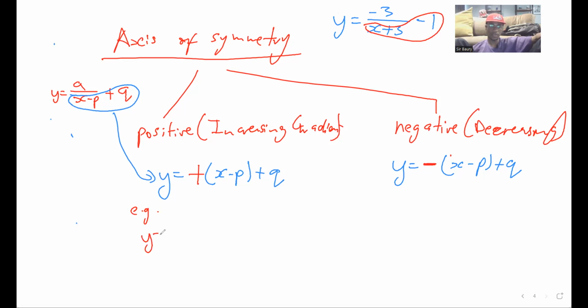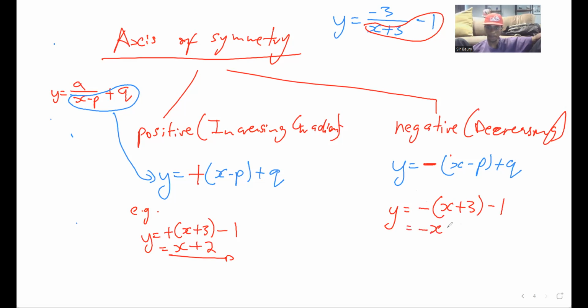So y is going to be equal to positive x plus 3 minus 1, which is equal to x plus 2. That is my final answer. If it was for a negative gradient, I was going to say y is equal to negative x plus 3 minus 1, which is going to give me negative x minus 4. Same thing here.